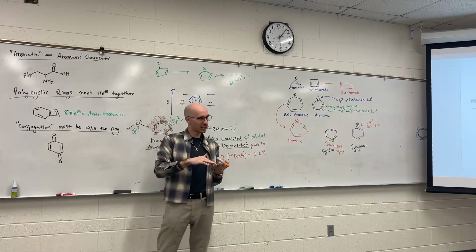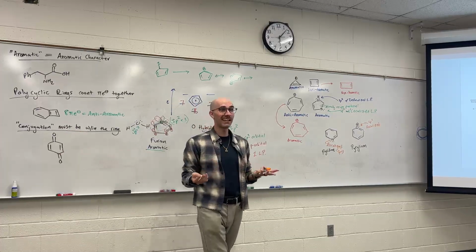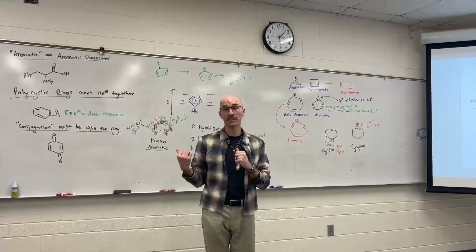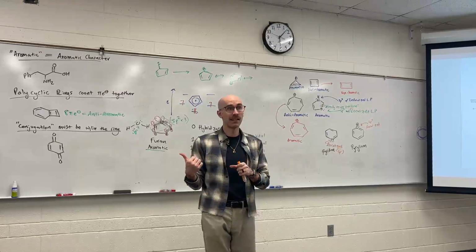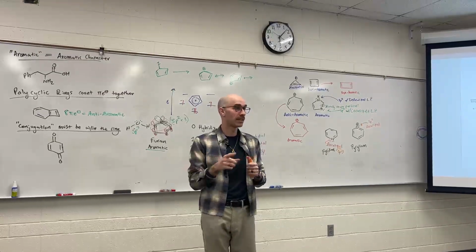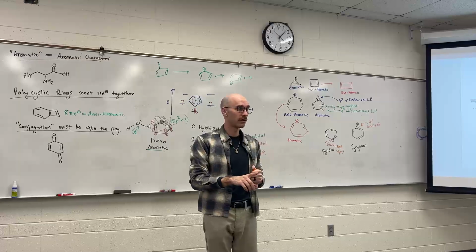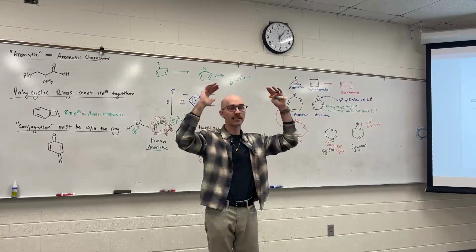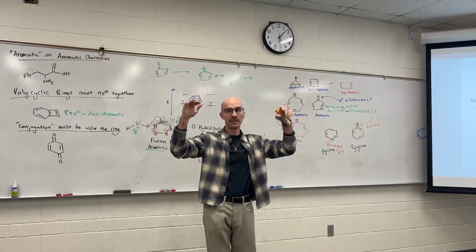So do I count just 4 pi electrons? Do I count 8? Either way, I'd expect this to be an anti-aromatic compound, and it's not. It's quite stable. It's not aromatic stable, but it's not unexpectedly destabilized.